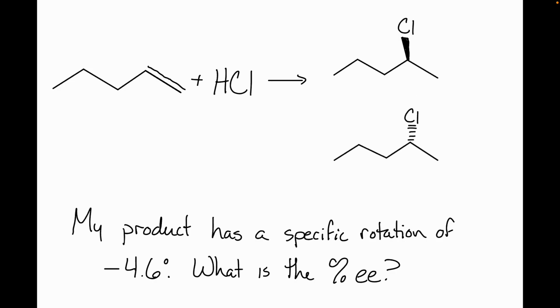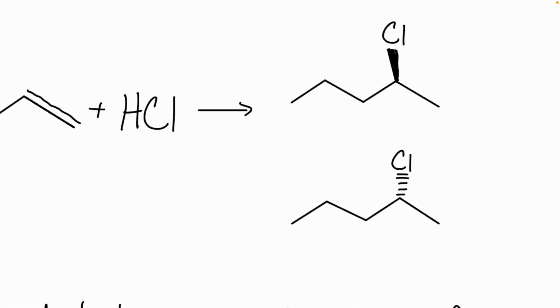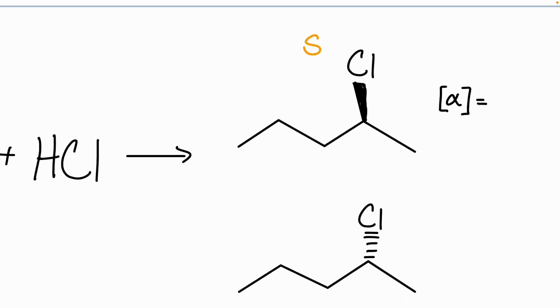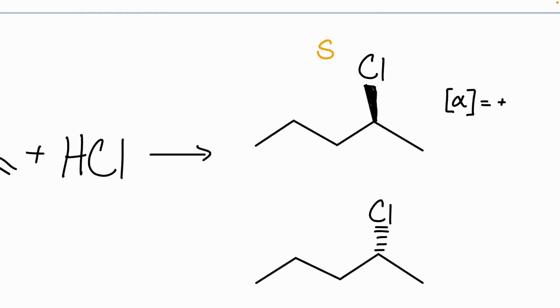All right, we have to learn a little bit more first about each of these samples. It turns out that the specific rotation of this stereoisomer, let's see, 1, 2, 3, counterclockwise, so this would be my S, has a specific rotation of positive 32.4 degrees.